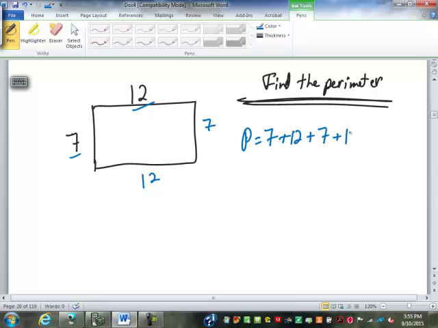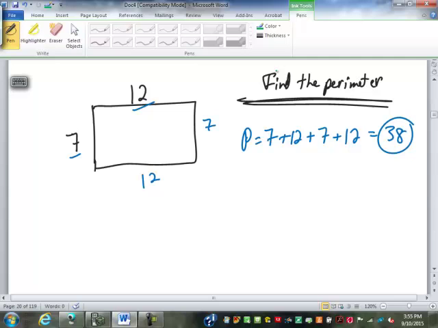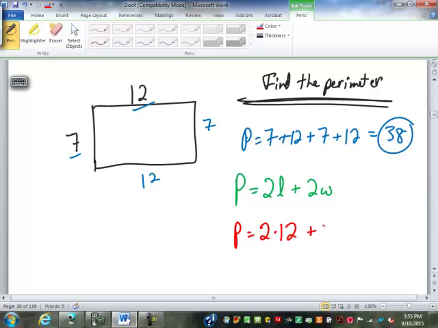Just add up the sides, which will give us 38. But we had a formula that made that a little shorter for us. The perimeter is equal to 2 times the length plus 2 times the width. So we could have just done 2 times, what's the length? 12 plus 2 times 7 is the width.